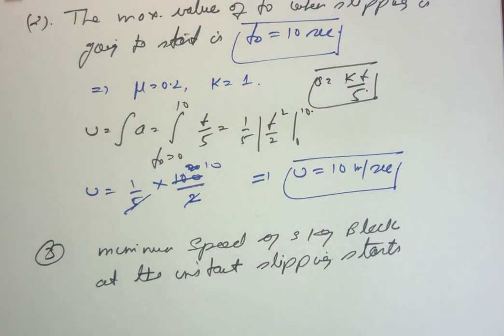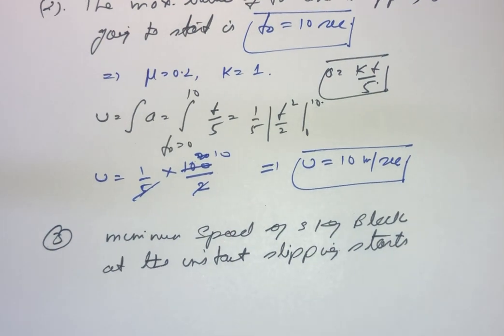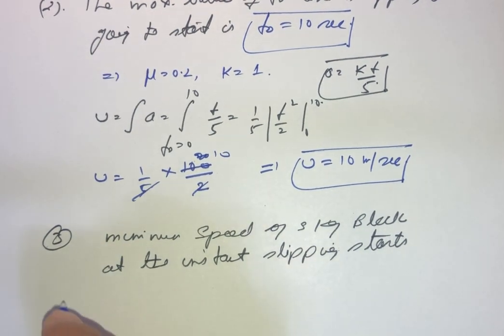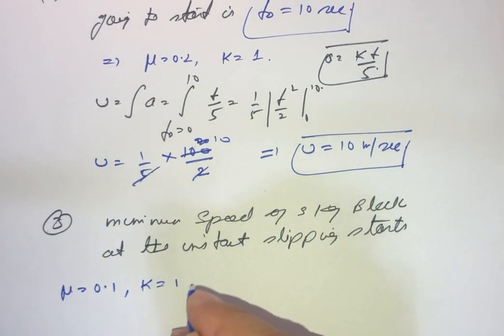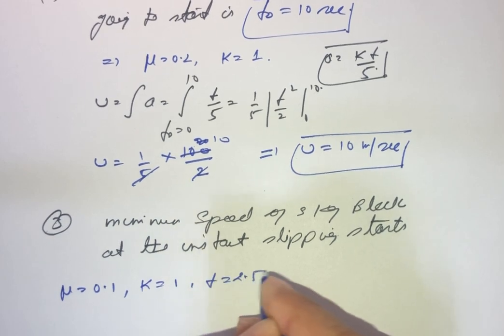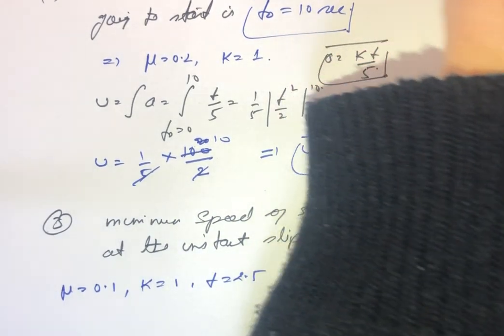So in this case, mu is 0.1, k is equal to 1, and t is equal to 2.5.